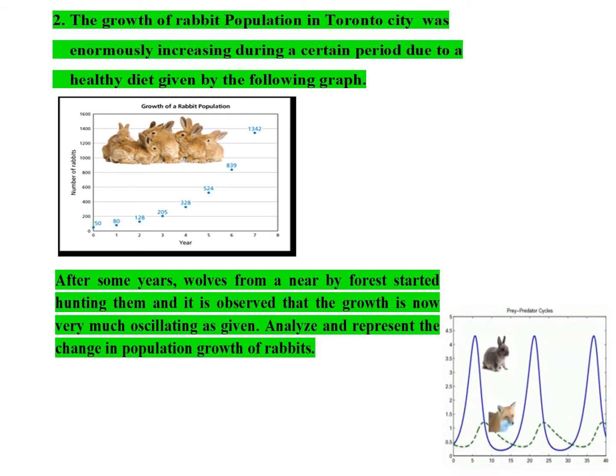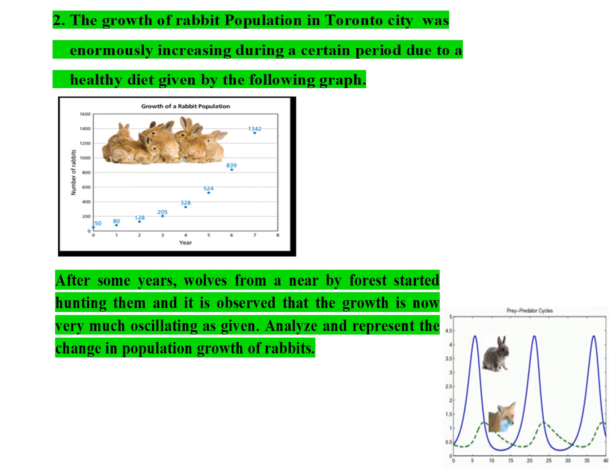So when you observe this, already the growth of rabbit population was given in one particular pattern, that is before some incident happened. Due to a healthy diet, it was enormously increasing. So the first graph shows the growth of rabbit population in a certain pattern.